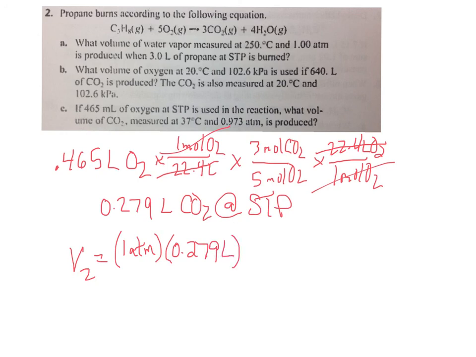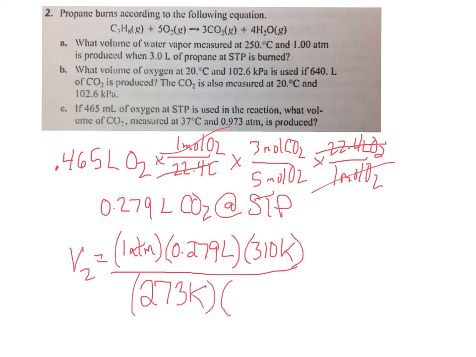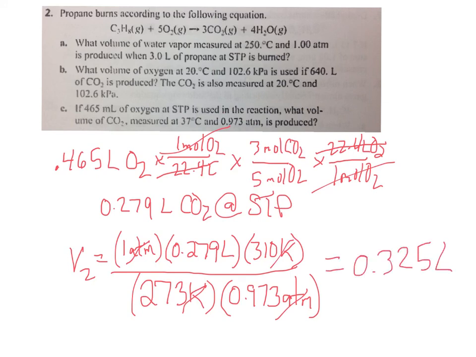Times 310 Kelvin, that's your temperature 2, divided by 273 Kelvin, which is your temperature 1, times 0.973 atmospheres, which is your pressure 2. And if you hit enter on this, it turns out to be 0.325 liters. Notice he's canceling units with the liters remaining, so it's 0.325 liters of CO2 at the new temperature and pressure that were specified up here.